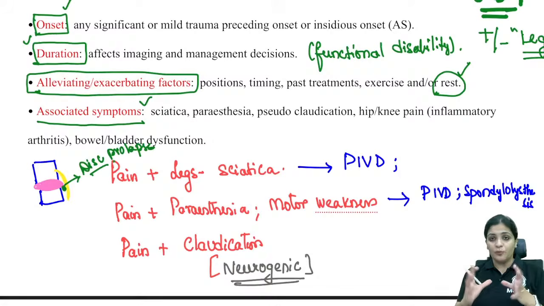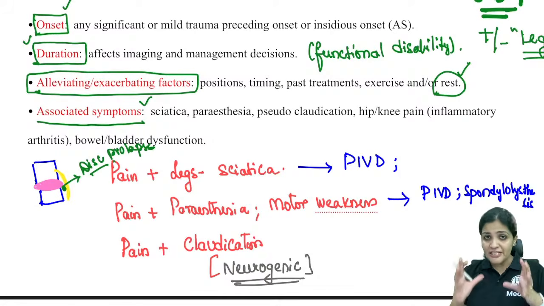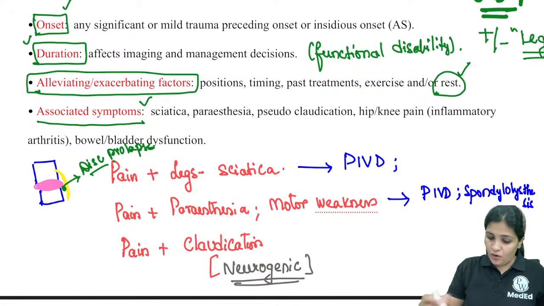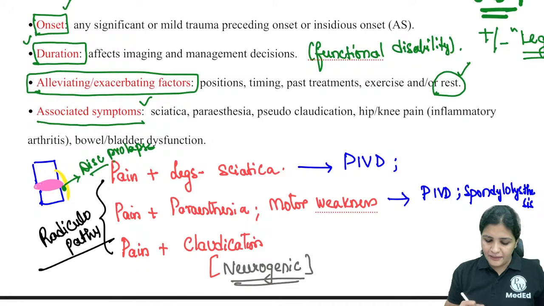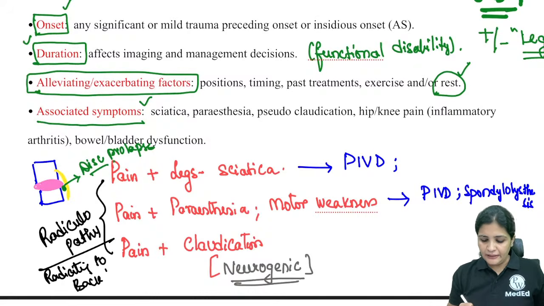That means the patient will have pain, and this pain is usually radiating. So this is radiculopathy. So what do you mean by radiculopathy? That means it is radiating to the back of the lower limb, right?